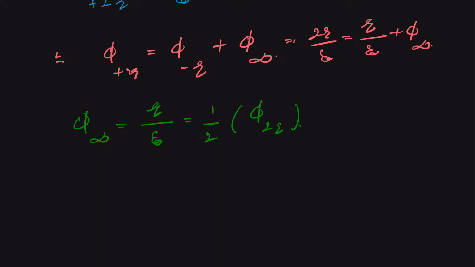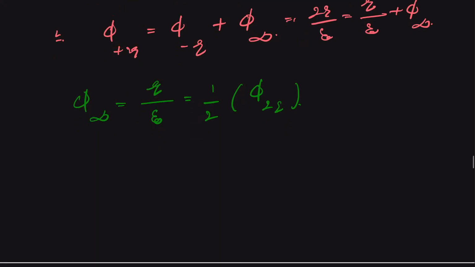And in order to find the critical angle, we have to assume a Gaussian surface. Okay, this is the key point: the assumption of the Gaussian surface.